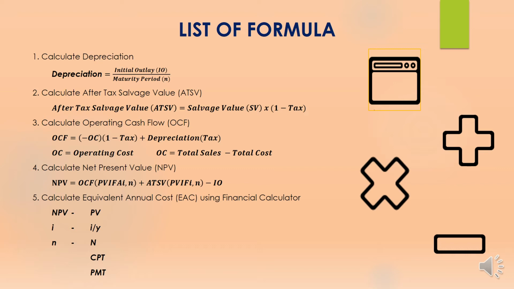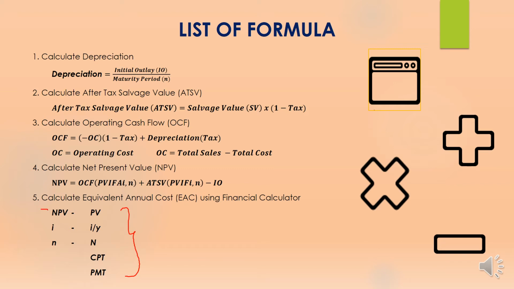The last step is to calculate the equivalent annual cost, EAC, using the financial calculator. Here is the command on how you can calculate it. It involves PV, the present value, and the information required for PV is NPV.